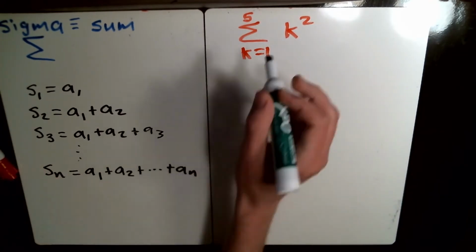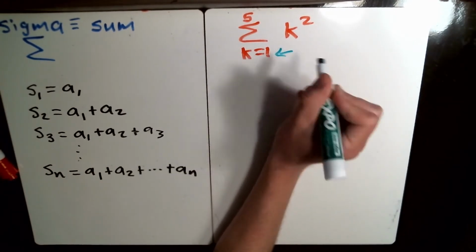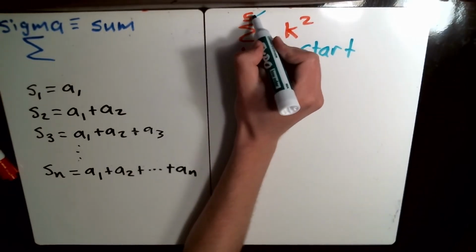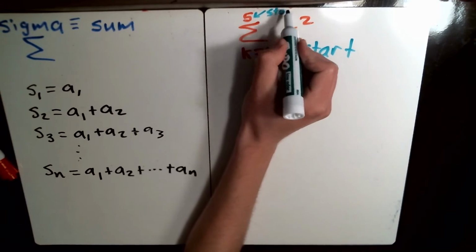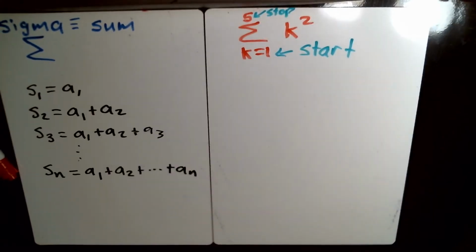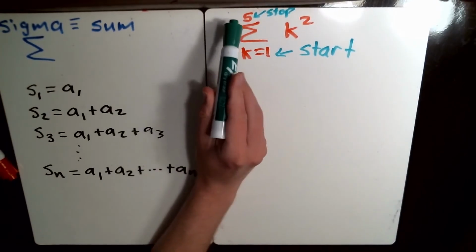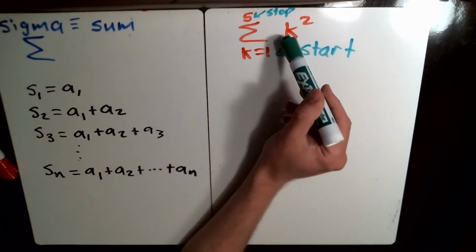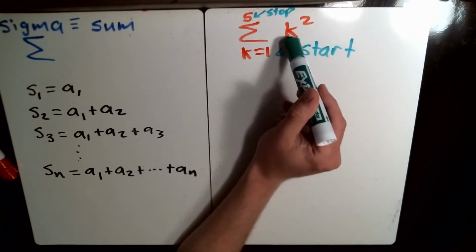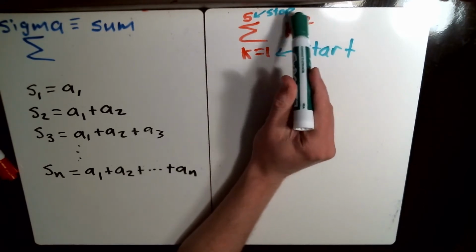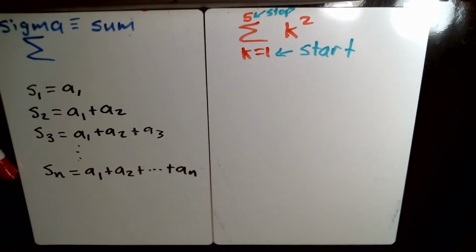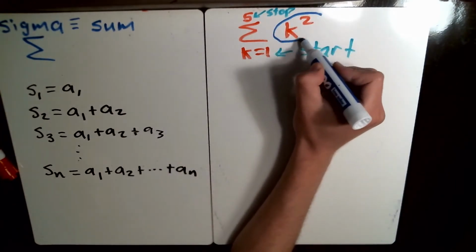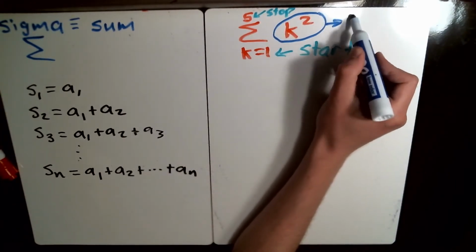This is your start. This is your stop. So you start at 1 and go to 5, and you add together all your results. This is the sequence that you're summing up, your sequence equation.